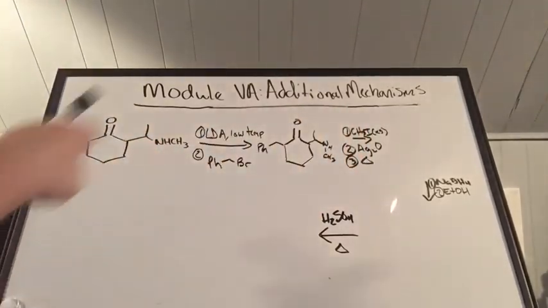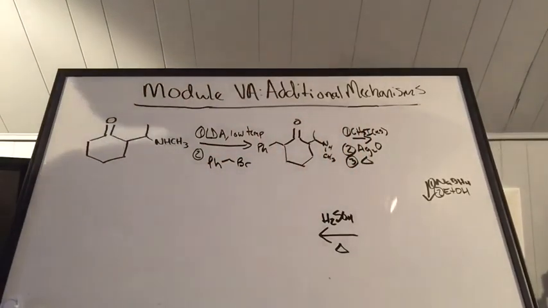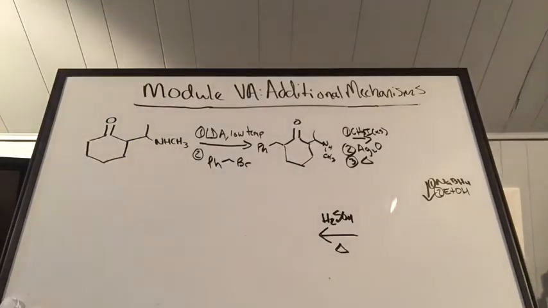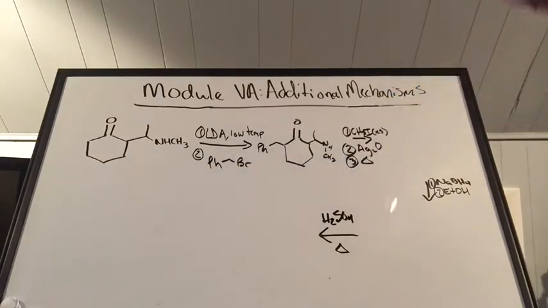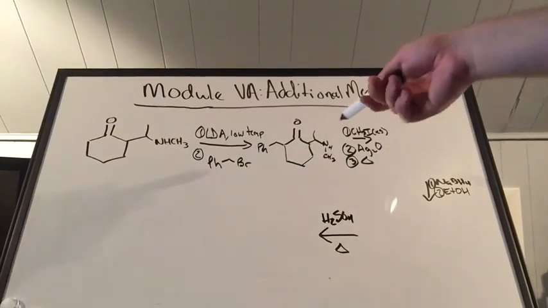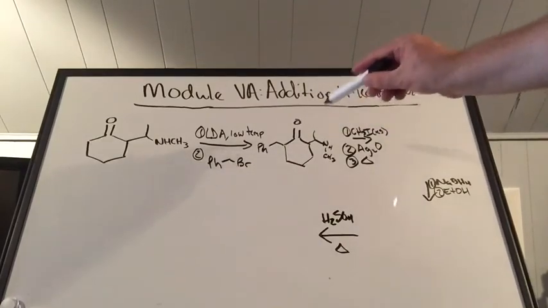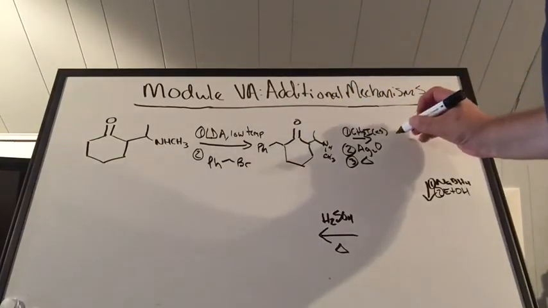Okay. Now our next step is methyl iodide in excess, followed by silver oxide, and then finally applying heat. So that's going to be an anti-Zaitsev formation. So you're going to form a vinyl group right there.